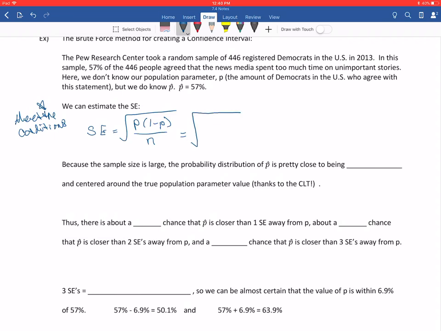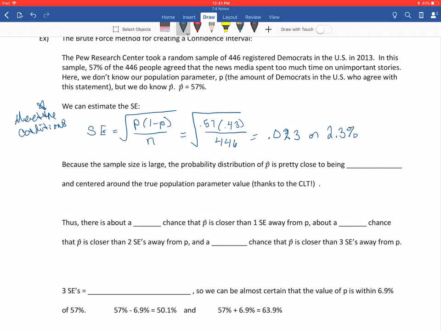So I'm skipping over that part to get to something a little bit more interesting here. So this one is the 0.57 times 1 minus that, which is 0.43, over the sample size of 446. And we can do this and find out that that standard error is about 0.023 or about 2.3%.